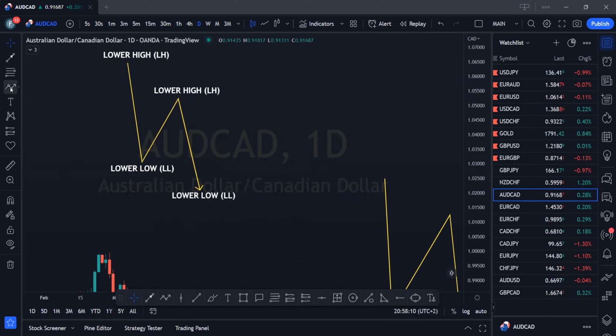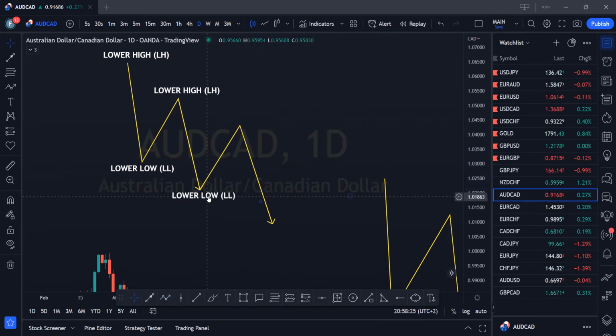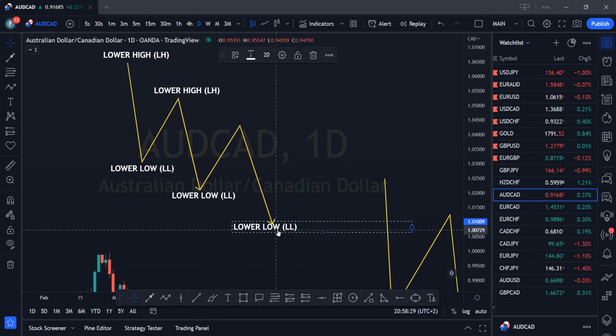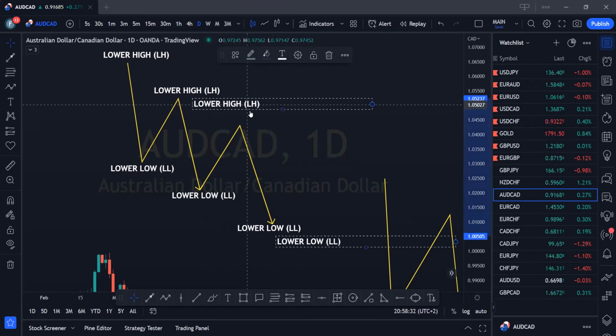For the continuation of the trend, price will tend to do a correction to form another lower high and then form another lower low. When new lower lows are being formed, price is still continuing in that downtrend.